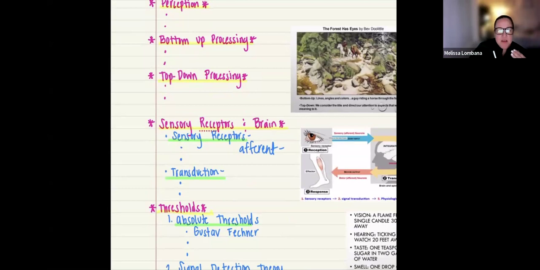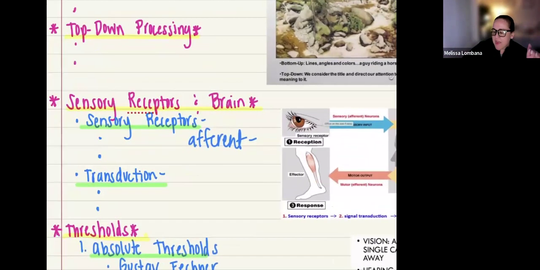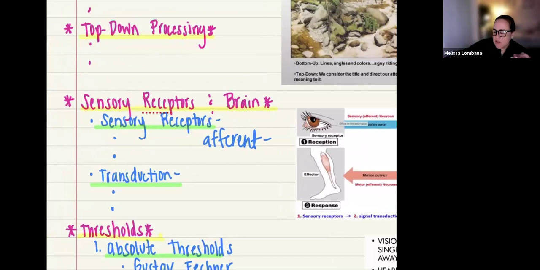Senses receive it, then those afferent nerves send that information to the brain. Then the brain processes that information, sends it through your efferent neurons or nerves, and that tells you what to do. Okay, so just remember these: afferent is the one that's receiving it, and efferent is telling you what to do.